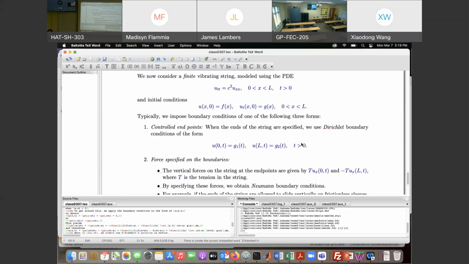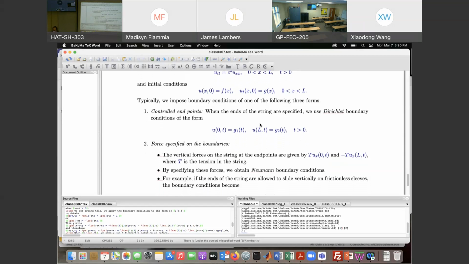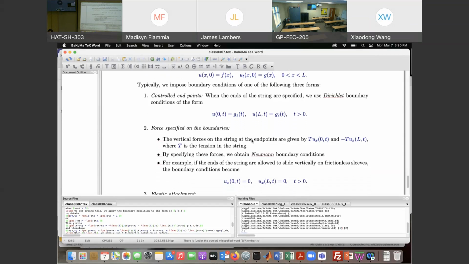So in this case, we have a fixed displacement at x equals 0 and x equals L that leads to these value conditions. Or you can have a force specified on the boundaries. Vertical forces are given by these values, where T is a tension.